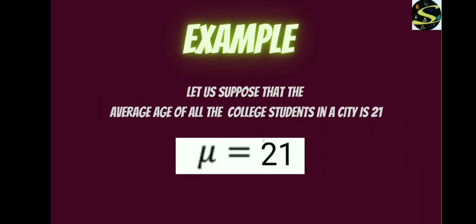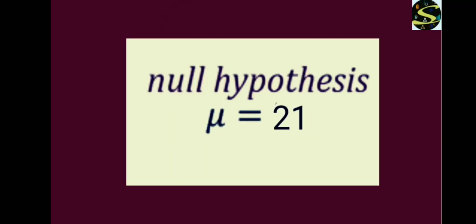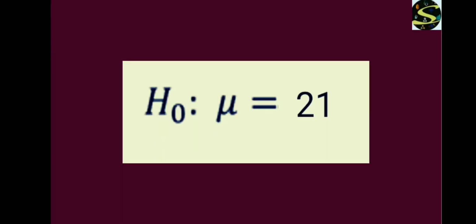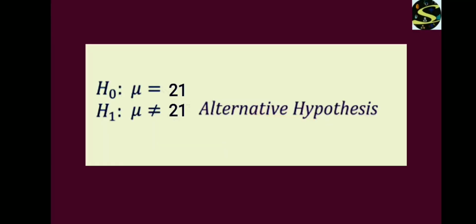Suppose we make a claim that the average age of all college students in a locality is 21, which we write as mu is equal to 21. Since this hypothesis contains equality, we refer to it as the null hypothesis and represent it by H0. The complement of the null hypothesis is the alternative hypothesis, represented by H1 or HA.